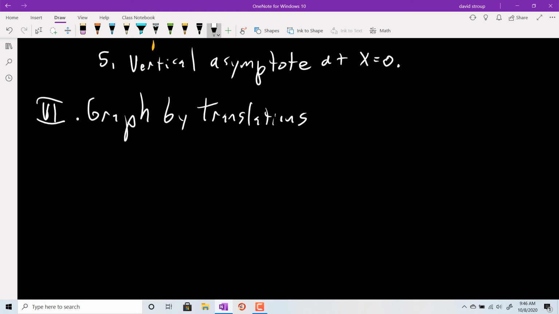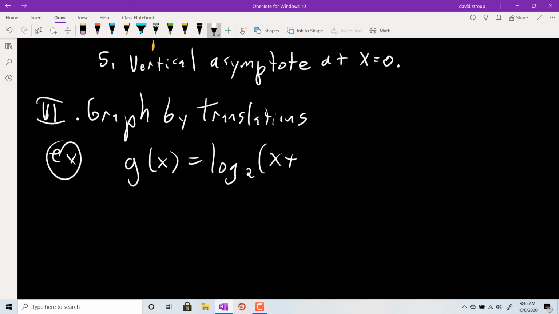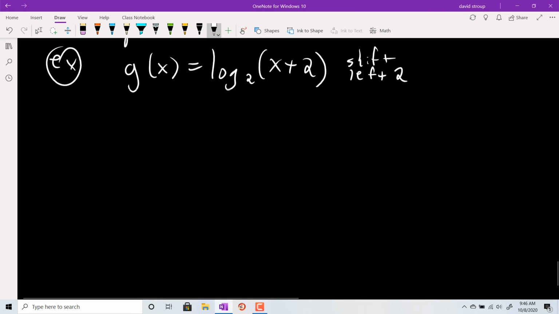So an example of that, let's say we want to graph g of x equals log base 2 of x plus 2. Okay, so if you add something on the inside, that's going to shift it to the left by 2. Okay, so let's take a look at what we got.